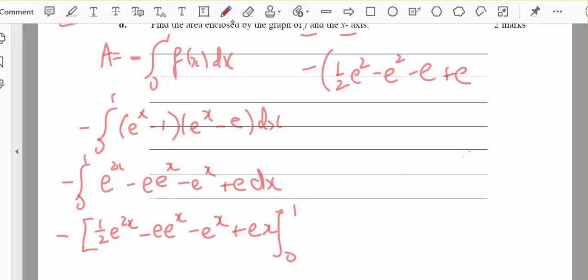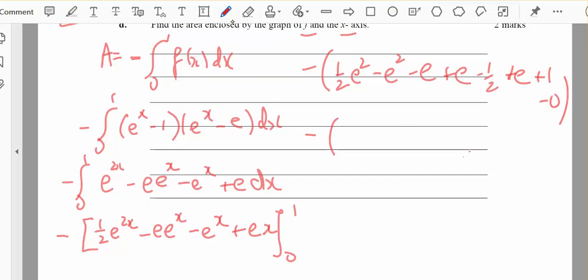And then when I sub in the 0, I'm going to be minusing, so minus a half e^0. And putting in a 0 there, I'm going to have minus e, but I'm minusing, so plus e. Putting in the 0, then I have plus 1, and putting in a 0, I've got minus nothing.